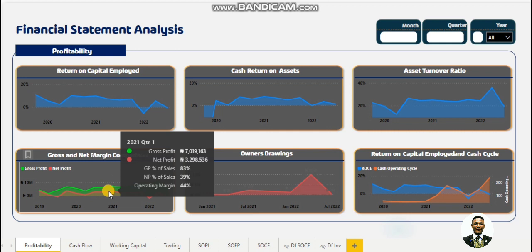Watch out for more videos, as in the next video we will see how Power BI can be used to analyze, this time, the working capital management of the entity in terms of its cash operating cycle, and then what insights we can gain about what the problem exactly is and how solving those problems can solve the profitability issues of the company.